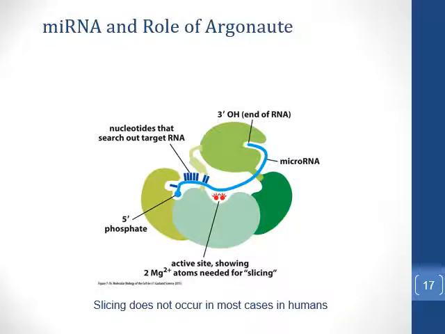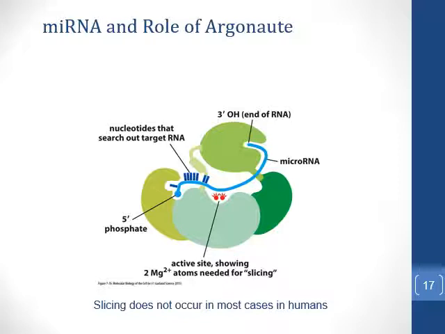Now let's just look in a little more detail at what Argonaute is doing, since it plays such an important role here. It's got several domains, and you can see that it binds the microRNA. You've got one domain that's going to bind the 5' phosphate.